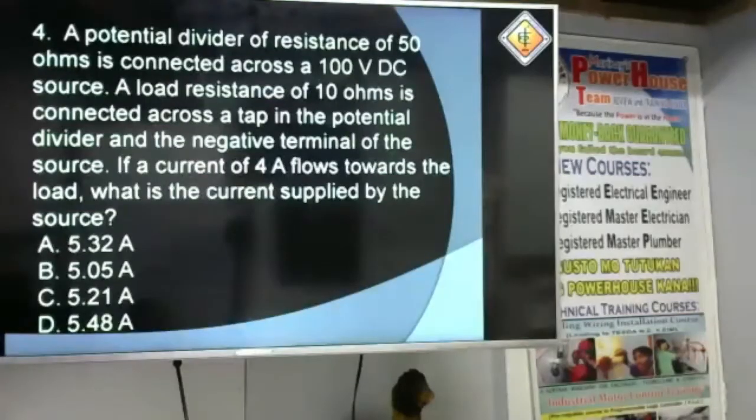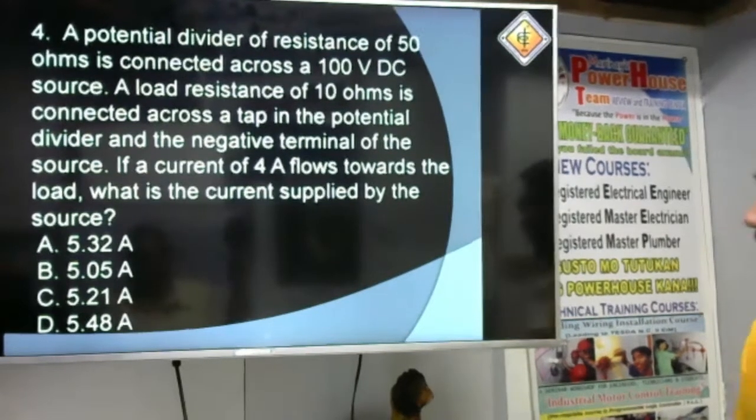Dapat nagche-check din tayo, no? See for yourself, ha? Baka mamaya niloloko ko na kayo, no? Yun ang kaibahan nitong ginagawa natin na to. So, we have number 4. Biro mo, 3 item pa lang, oh. Halos mag-iisang oras na tayo.